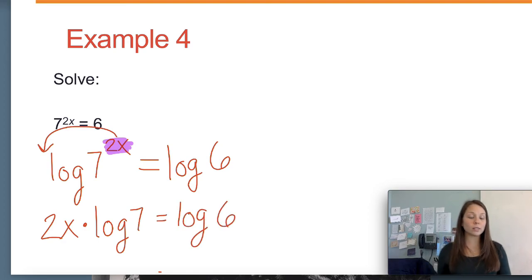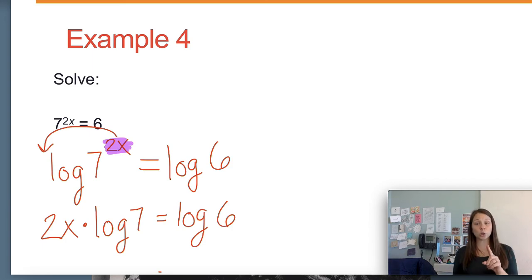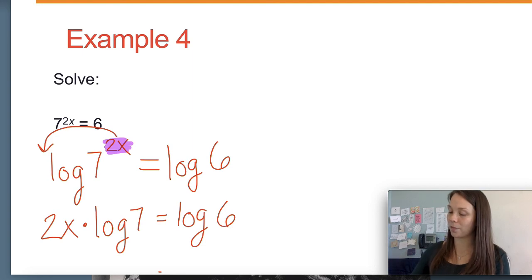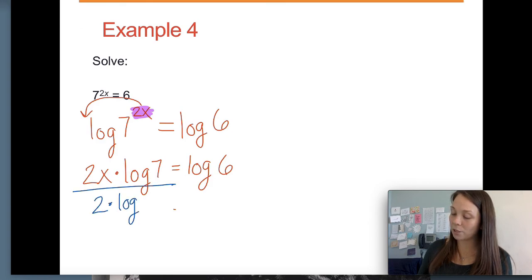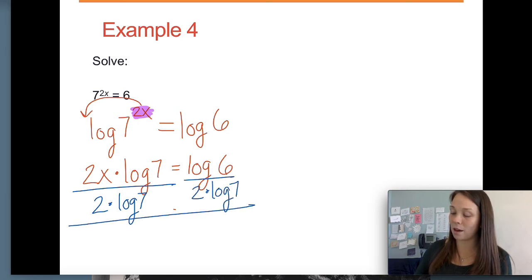Well, notice on the left side, I have the 2 being multiplied by the x, which is being multiplied by the log of 7. What's the inverse of multiplication? Division. So, what we do from here is I'm going to divide this left side by 2 times the log of 7, and I'm also going to divide the right side by that.